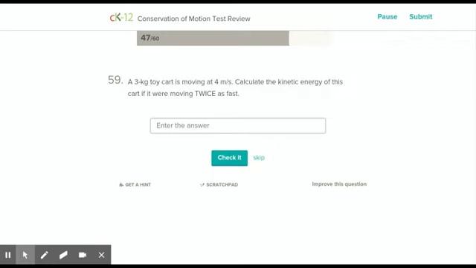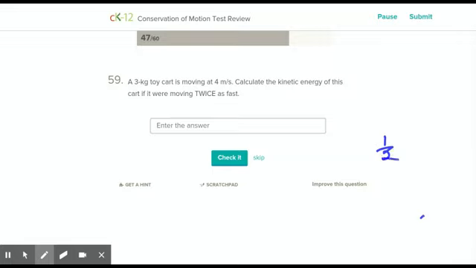A 3 kilogram toy car is moving at 4. Calculate the kinetic energy of this car if it were moving twice as fast. So twice as fast. Half mv squared. Why is the pen not working? I don't know.